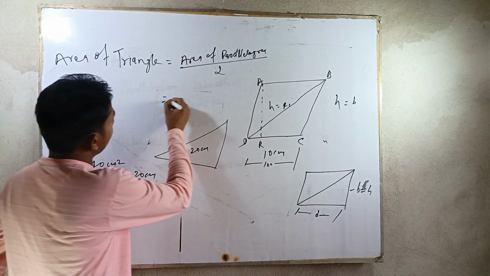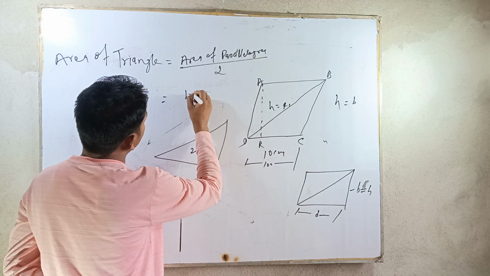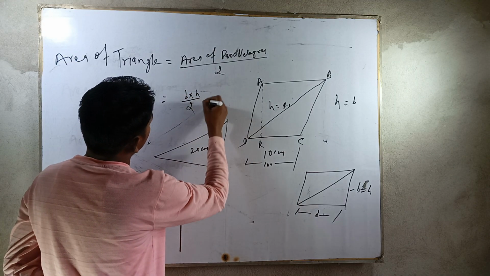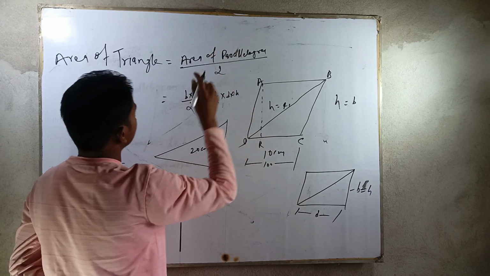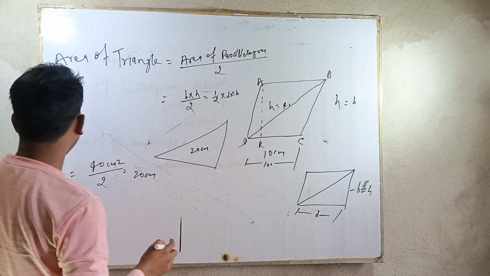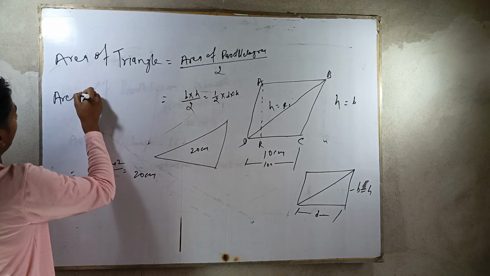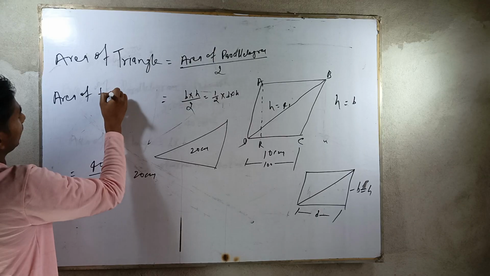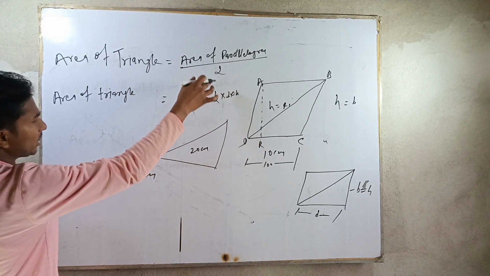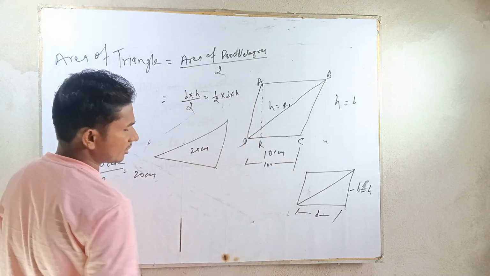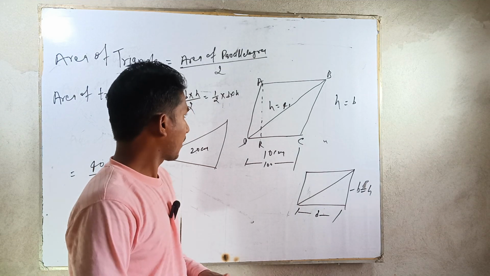So now I have the area equal to b into h divided by 2. That means 1 by 2 into b into h. So this formula is arrived from here: area of triangle equal to 1 by 2 b into h. So I don't think there is any problem to understand.